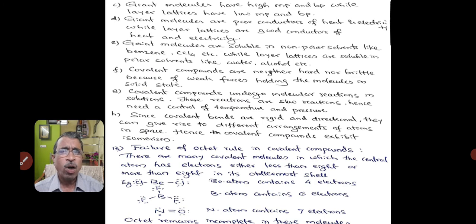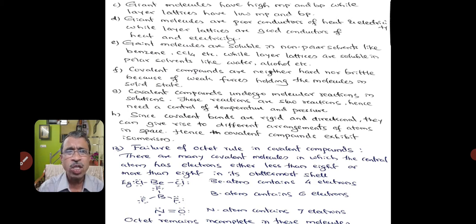Failure of the octet rule in covalent compounds. There are many molecules that have less than 8 electrons as well as more than 8 electrons. As far as Lewis theory is concerned, atoms try to contain 8 electrons in the valence shell to attain stability.